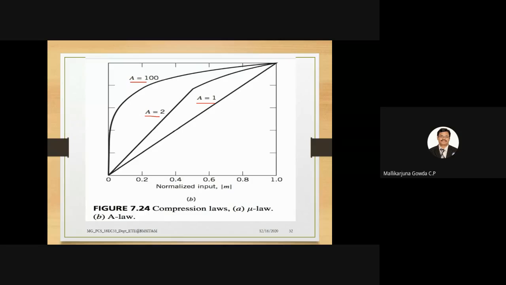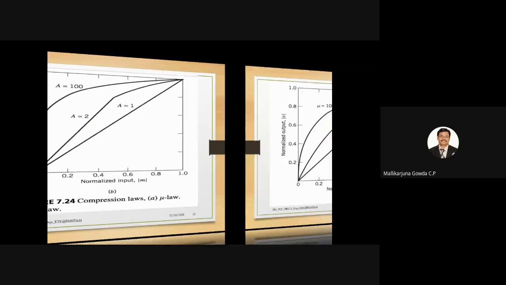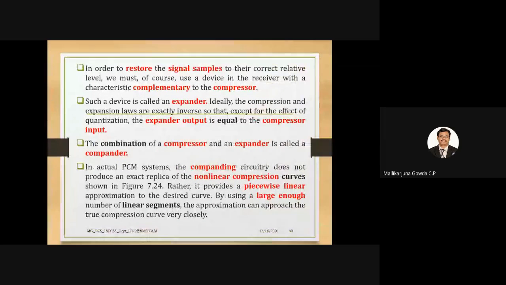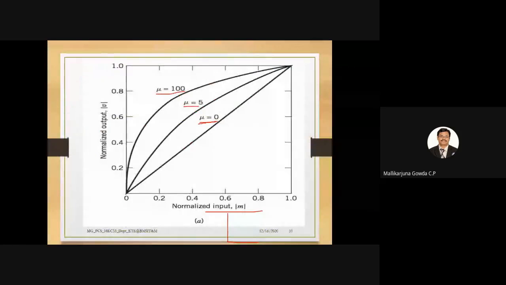So these are the two compression laws which are used in non-uniform quantization. I hope you could grasp this picture: mu law and A law, for different values of mu.